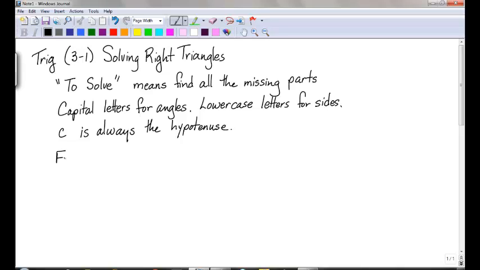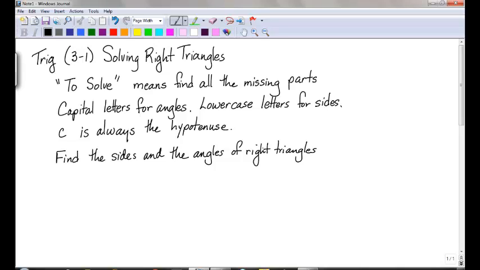The main steps that you use to find the sides and the angles of right triangles. Almost always in trig, a picture is going to help.